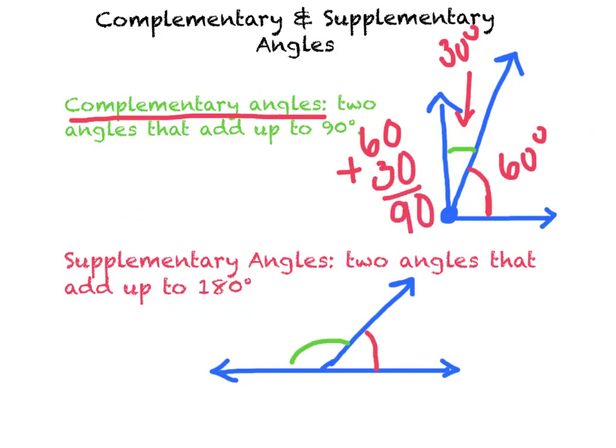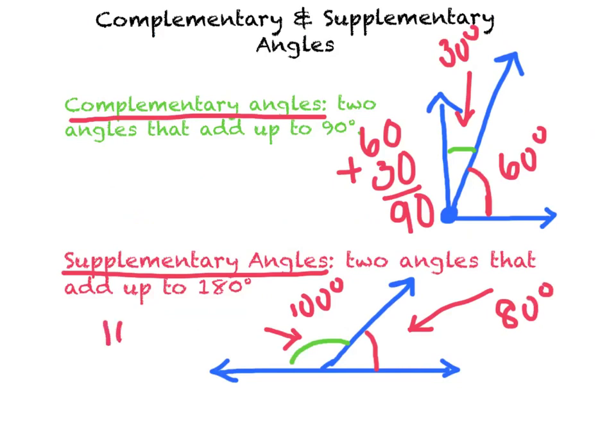The example at the bottom are supplementary angles, and that would be two angles that together add up to 180 degrees. So if, for example, this green angle that we have is about 100 degrees, that would mean that this angle in red has to be 80, because together these two have to add up to 180 degrees to be supplementary angles. Sometimes students come up with little tricks to remember which is which.